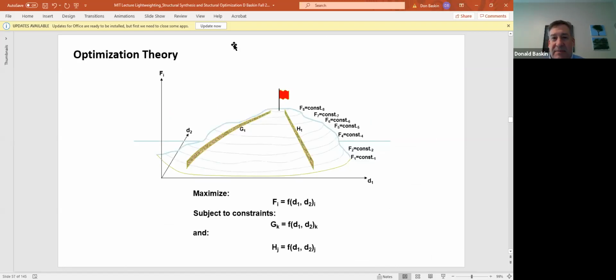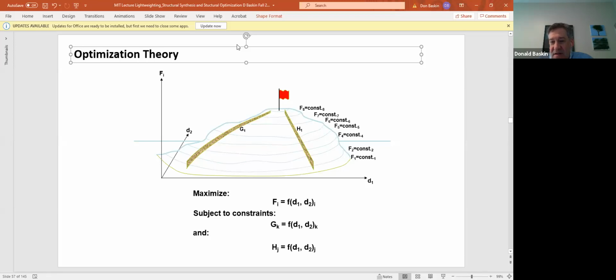Okay, so again, you've just been given the concept of a multi-dimensional design space. In abstract, what we've done is shown in this graph here, this cartoon. Let's call it a ski resort.